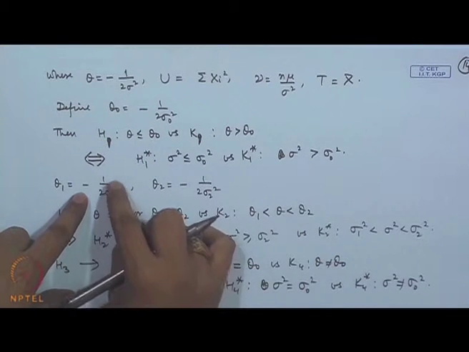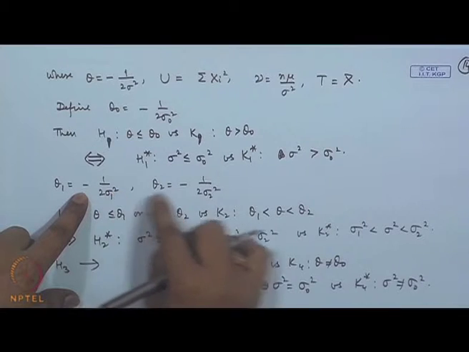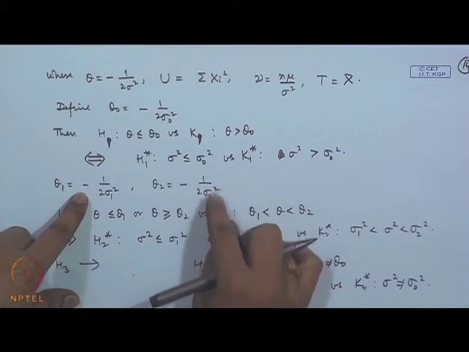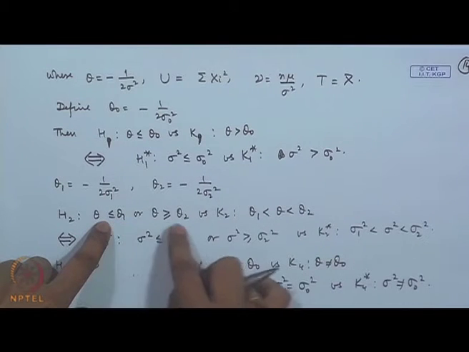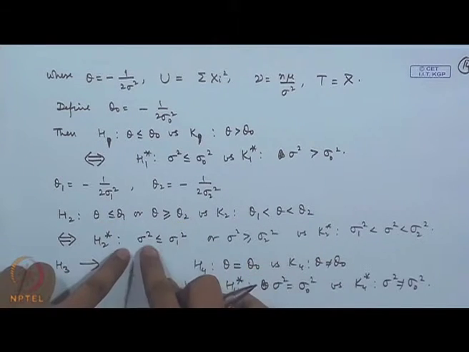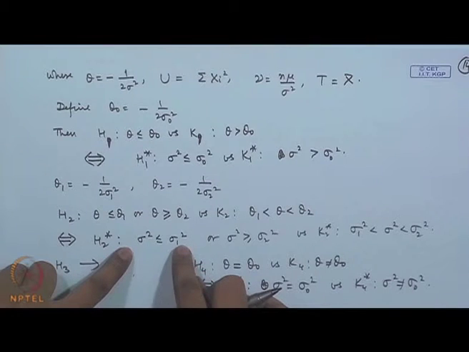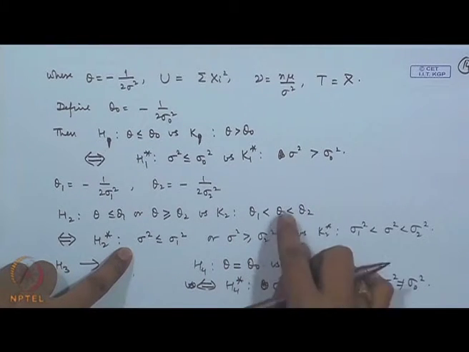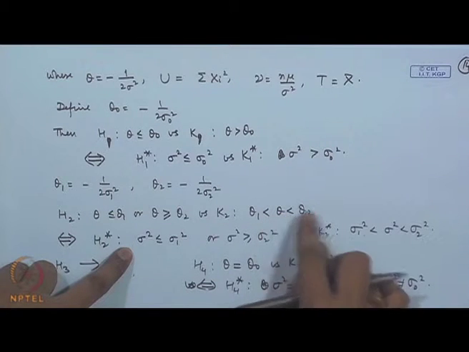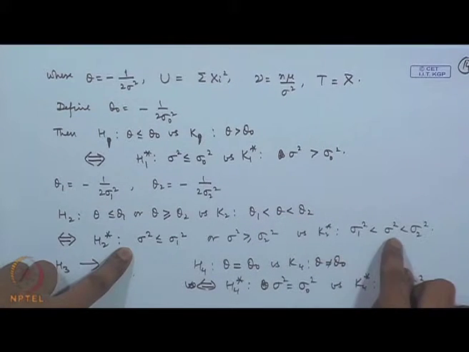Similarly, if I define theta 1 equal to minus 1 by 2 sigma 1 square and theta 2 equal to minus 1 by 2 sigma 2 square, then theta less than or equal to theta 1 or theta greater than or equal to theta 2 is equivalent to sigma square less than or equal to sigma 1 square or sigma square greater than or equal to sigma 2 square. And similarly, theta 1 less than theta 2 is equivalent to sigma 1 square less than sigma square less than sigma 2 square, and so on.